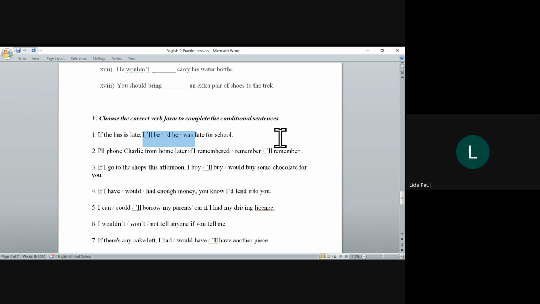Fifth one, I will borrow my parents' car if I had my driving license. If I had my driving license. So in the previous one, would can be replaced with could, might, and so on.